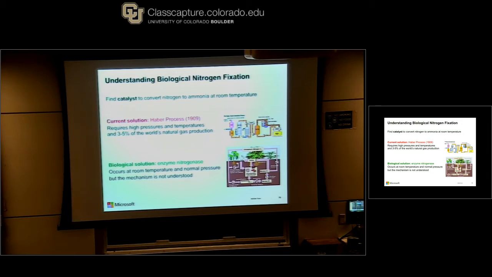We have plenty of nitrogen in the air, we have less hydrogen, but one can do that, and that's the Haber-Bosch process that's still used after 110 years, that uses high pressures, high temperatures, and about 3% of the world's natural gas production just to feed the hydrogen into it, and it turns air into ammonia for fertilizer.